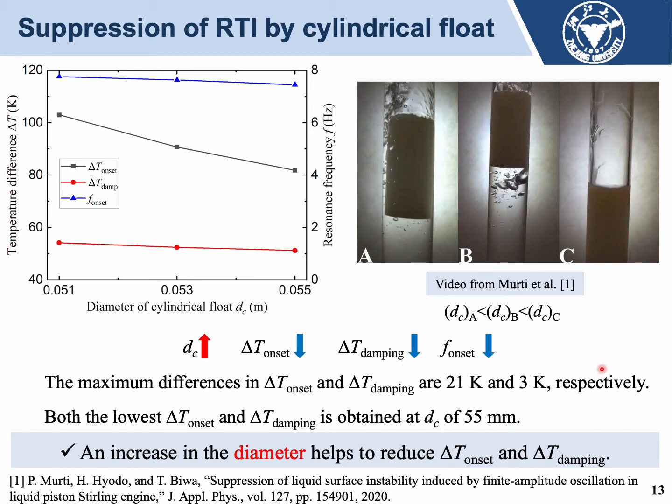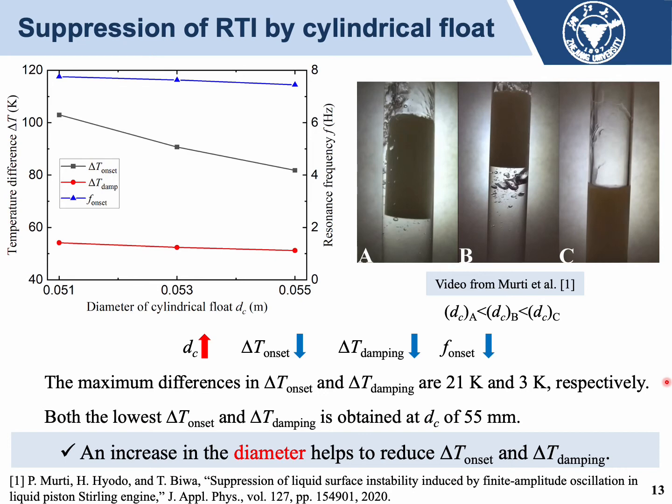Using the floats with different diameters, the maximum difference in onset and damping temperature difference are 21 Kelvin and 3 Kelvin respectively. Therefore, the diameter of the cylindrical float can affect onset and damping temperature difference, especially the onset temperature difference.